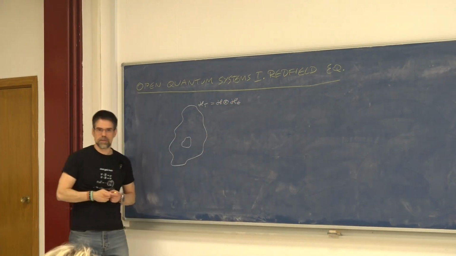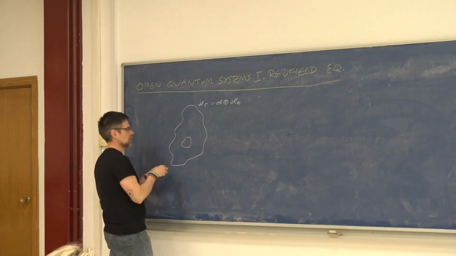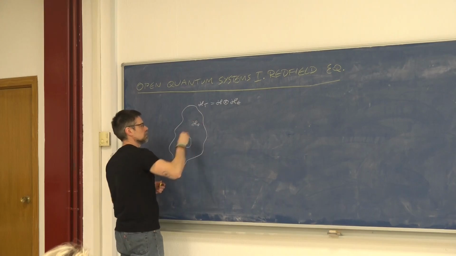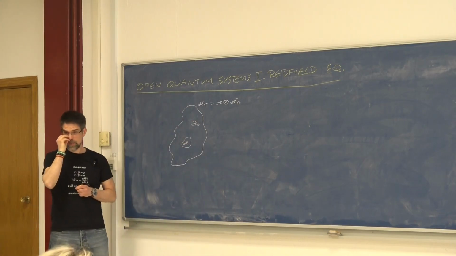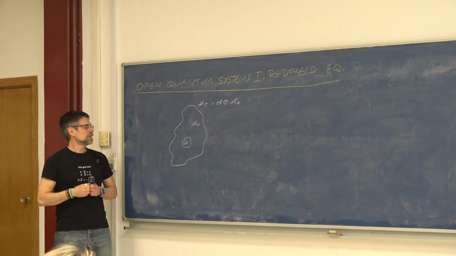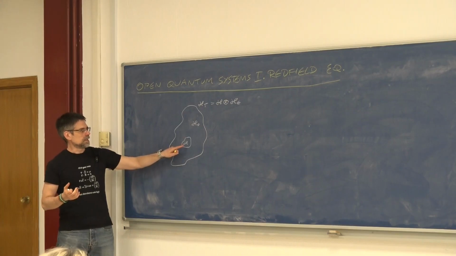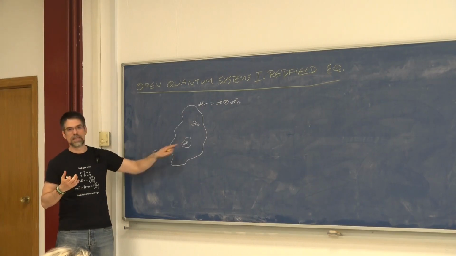So here we have the Hilbert space of the system, and this will be the Hilbert space of our environment. The problem we are interested in is deriving the equations of motion for density matrices, or for states, that live in this Hilbert space.